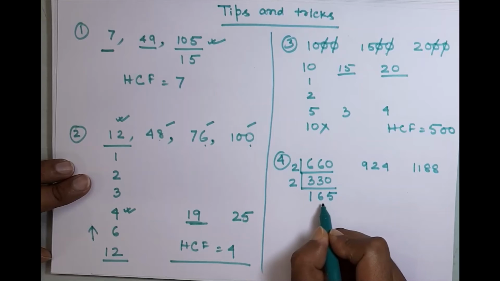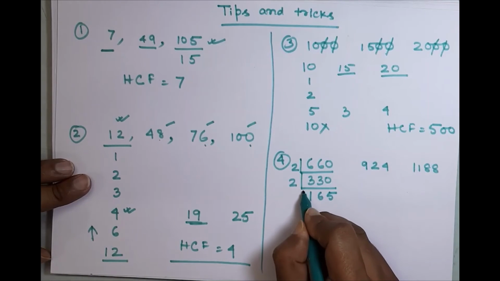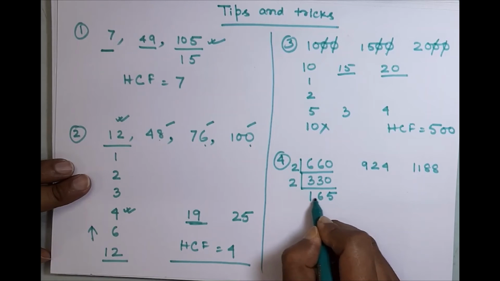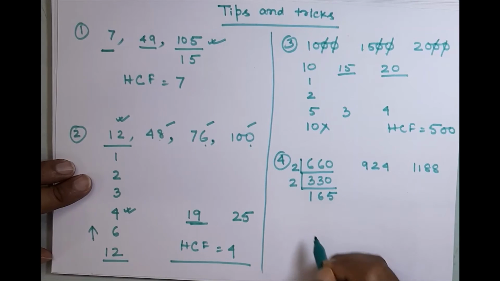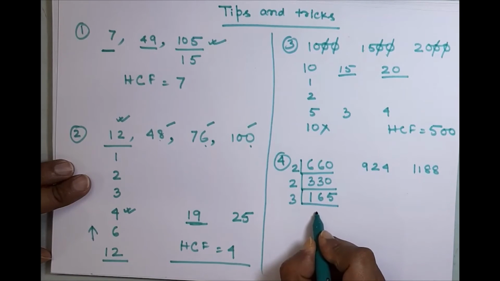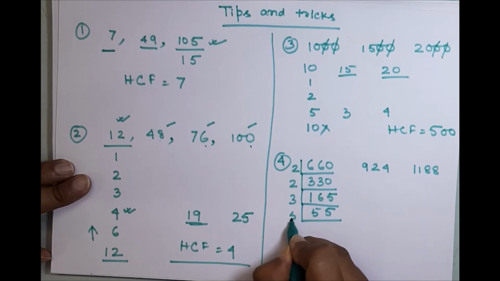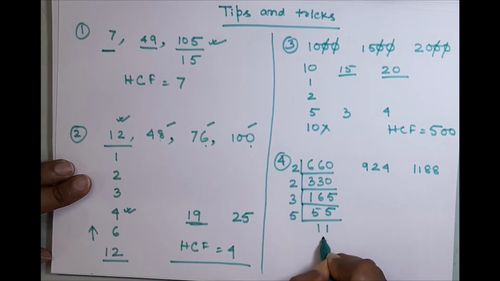So 165, can it be divided by any other prime number? It cannot be divided by 2, but it can be divided by 3, because if you see 1 plus 6 plus 5, that is 12, and 12 is divisible by 3. So if I divide by 3, we will get the quotient as 55, and then it is again divisible by 5, we will get 11, which is a prime number.